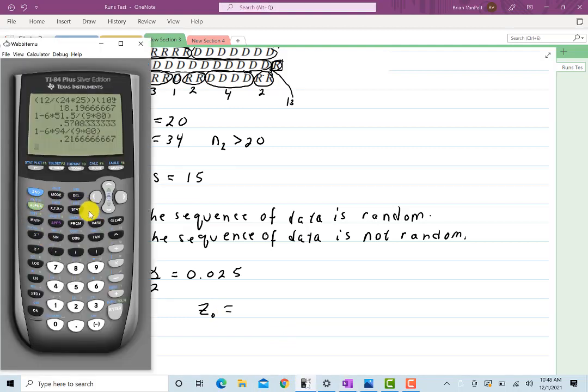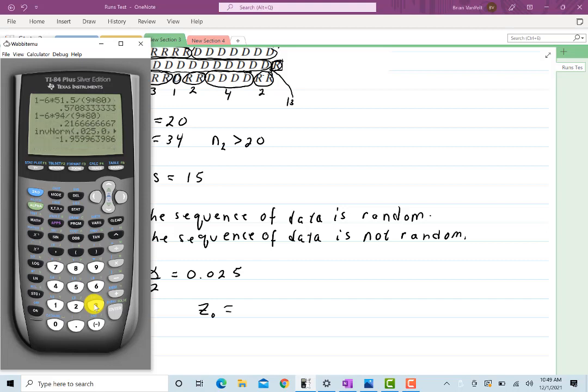So remember, if you can find that second above bars, you'll see we have inverse norm. So let me go ahead and grab number 3. And I'm going to want to put 0.025 and enter my way through this. Now it's going to give me the left value, which is negative 1.96.